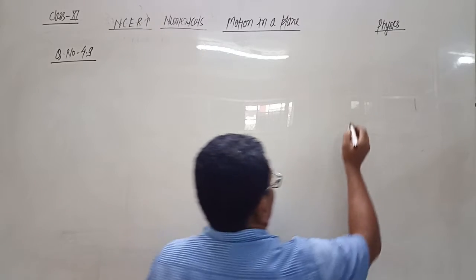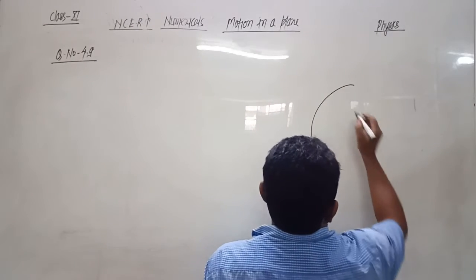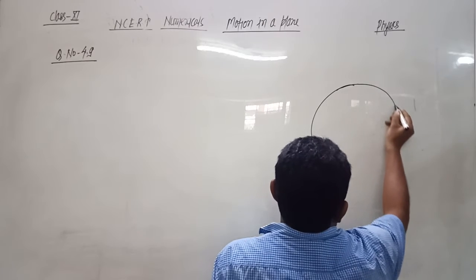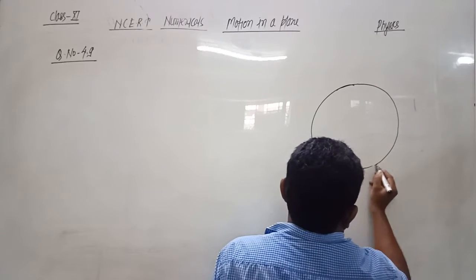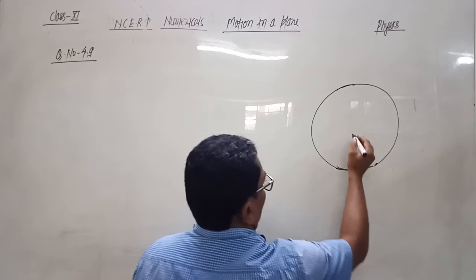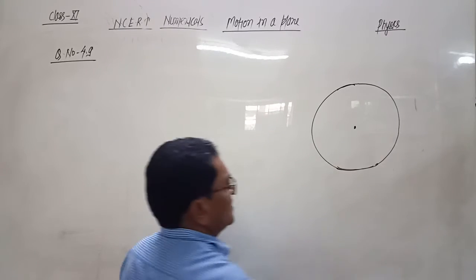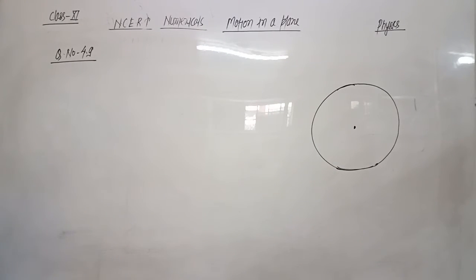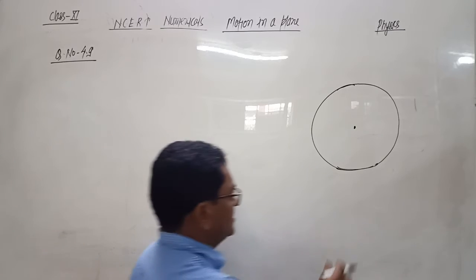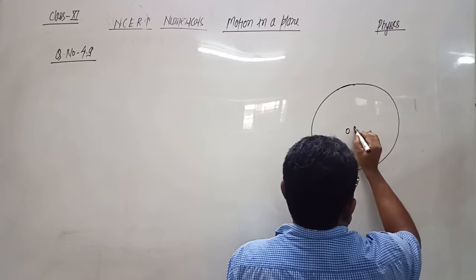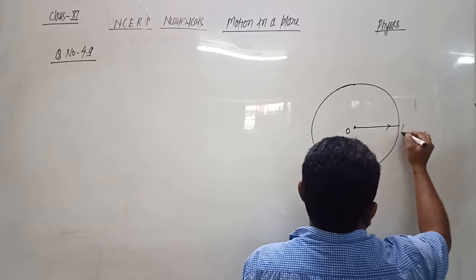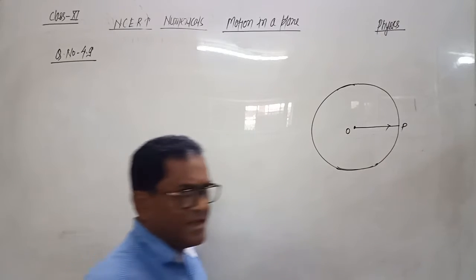The cyclist starts from the center of a circular path of radius 1 kilometer and reaches point P. After cycling, the cyclist started from point O and reaches the point P, and the radius is given.